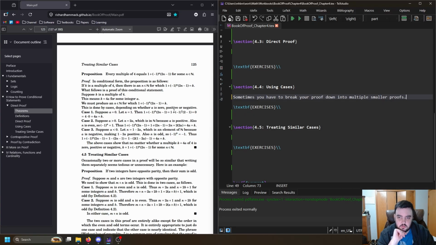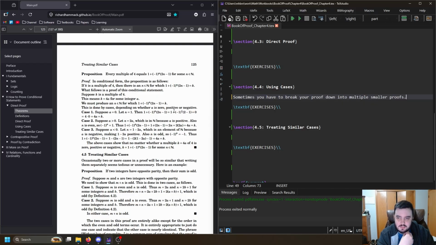Suppose k is a multiple of 4. Right? This means k equals 4a for some integer a. We must produce an n in the natural numbers that gives us back k when we plug n into that equation.